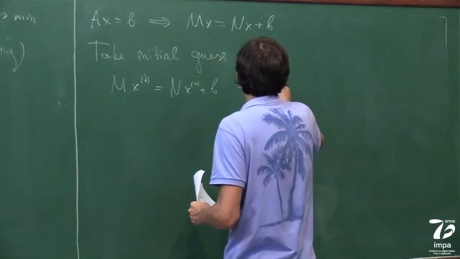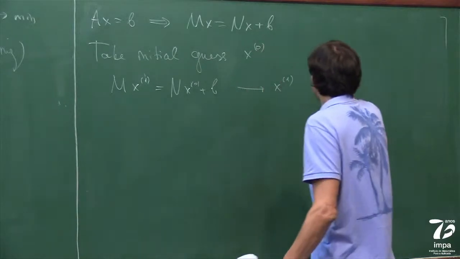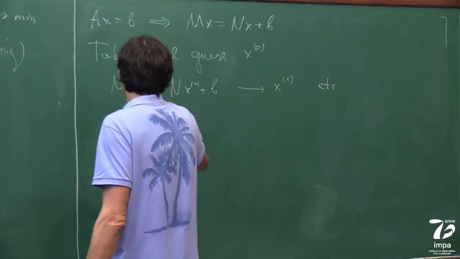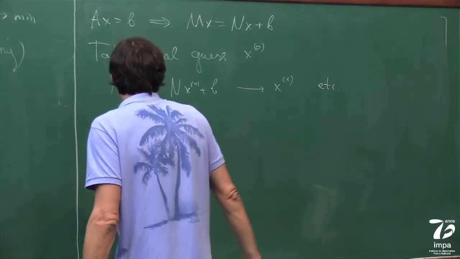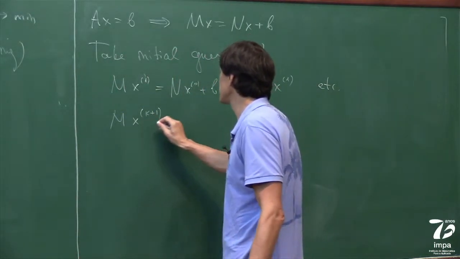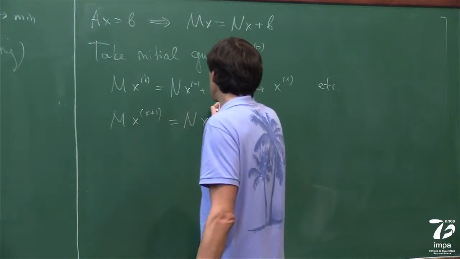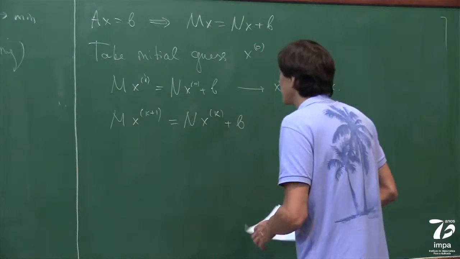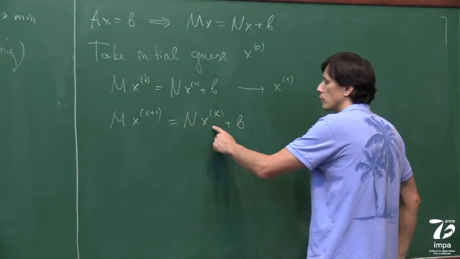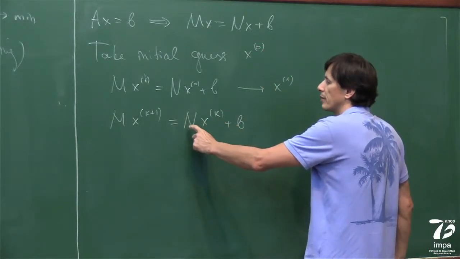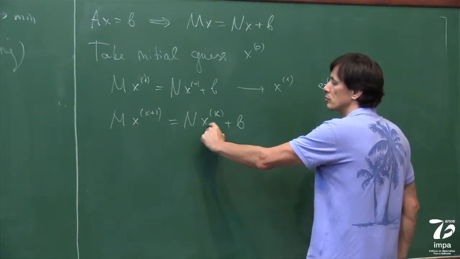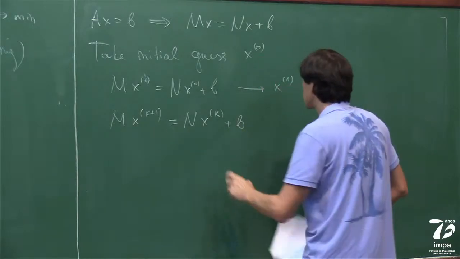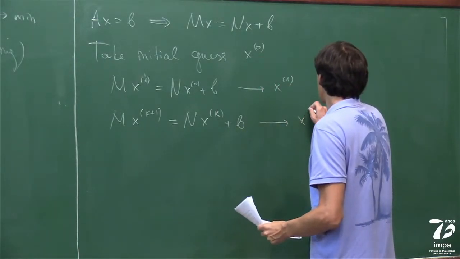This gives you x1, etc. So the general equation, having the k-th approximation, is that you find the next approximation by solving this system. You substitute into the right-hand side where we have this bad matrix N, but we don't need to solve anything, we just multiply. And then solve with respect to the good matrix M. So it gives you x k plus 1.